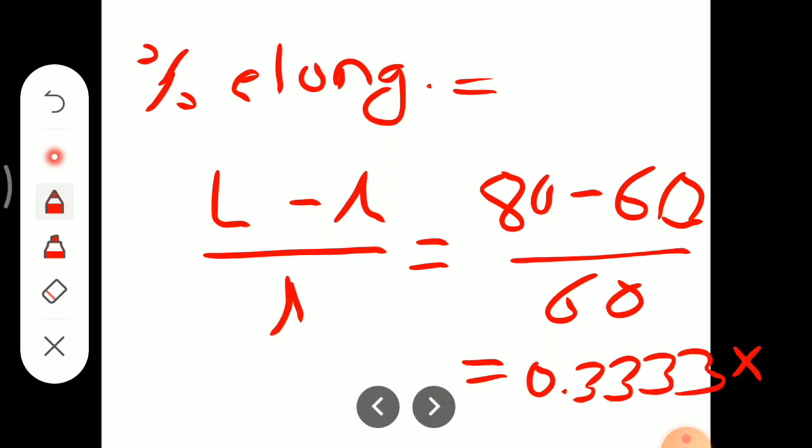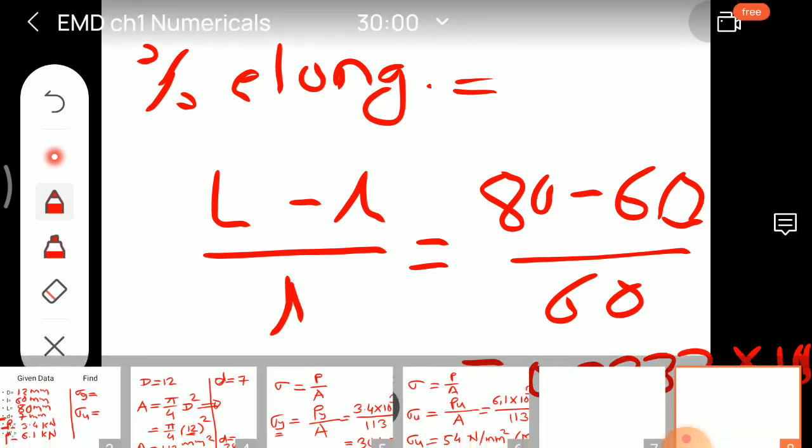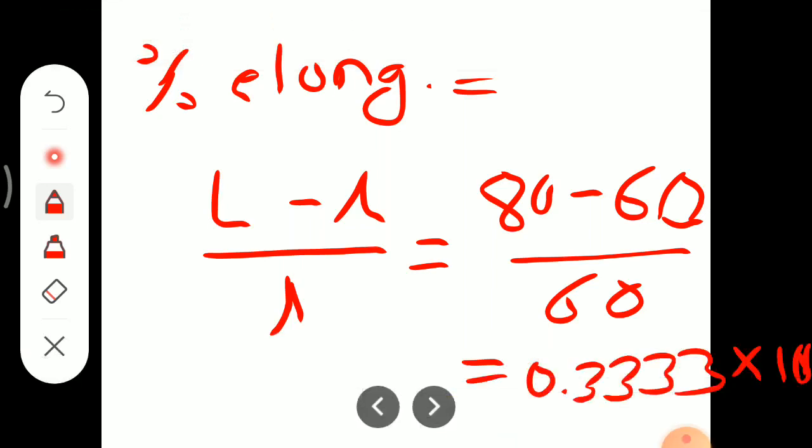We multiply it by 100, so the percentage of elongation is 33.33%. This is our first problem, and you have to note it down in your notebook.